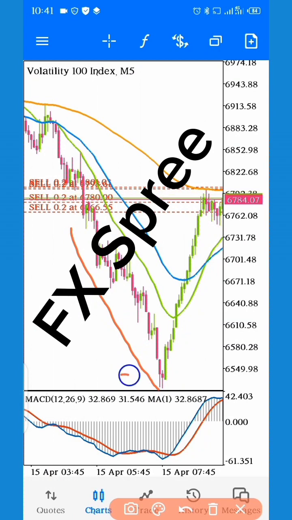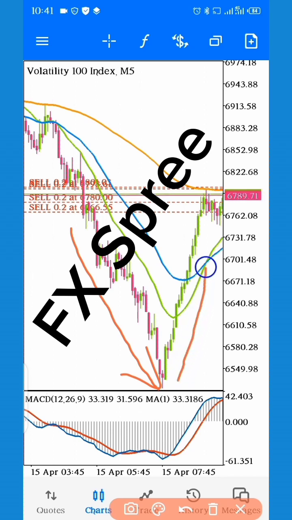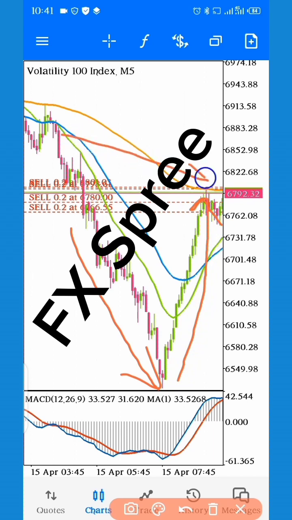When it comes down like this, allow it to come back to retest. As you can see, it will come back to retest this particular place here. When it makes a retest, it means the market is actually going down because this is already bearish movement. That is condition number 3.